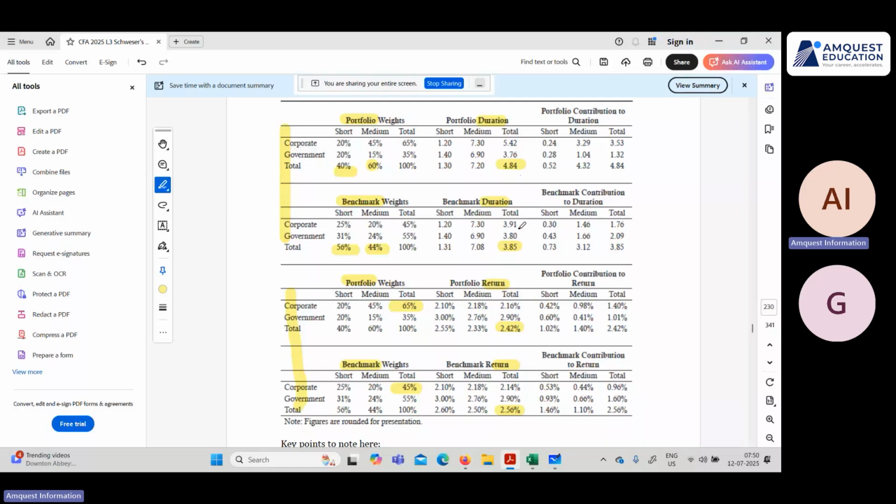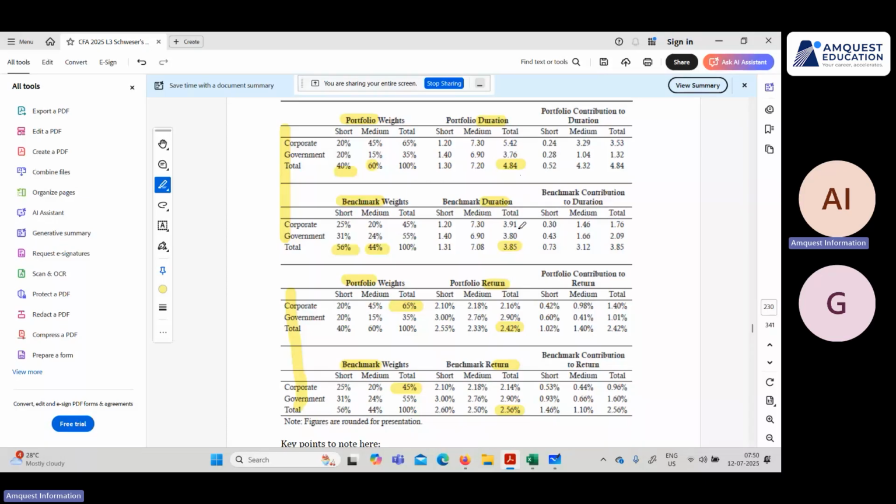So just by looking at this, I'm just trying to think from a manager's perspective. So if I am believing that my portfolio duration is 4.84 versus my benchmark duration is 3.85. So when I'm increasing my duration, can I say that I am expecting that my yield curve should go down parallelly? What was the first point that we discussed in terms of duration?